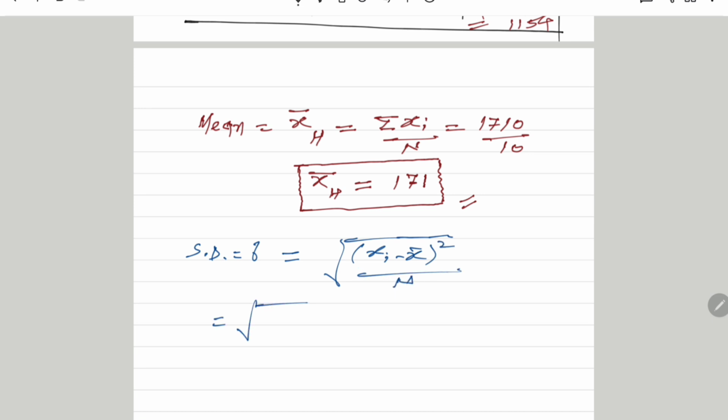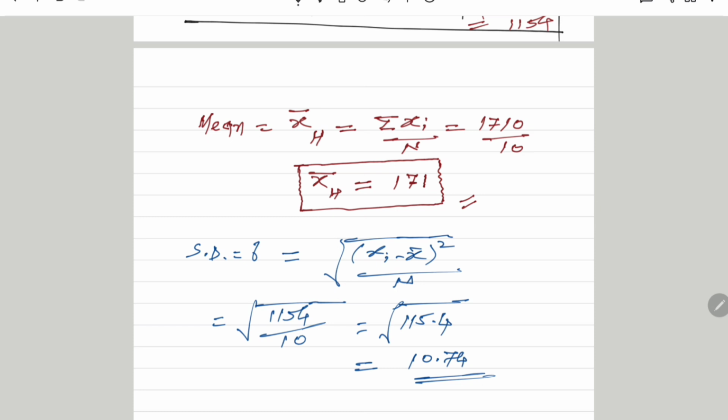It is the square root of 1154 divided by 10, which is the square root of 115.4, and the square root of that value is 10.74. That is the other value required, the standard deviation.